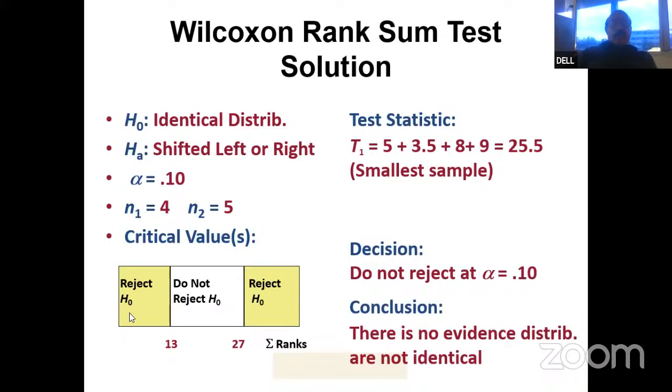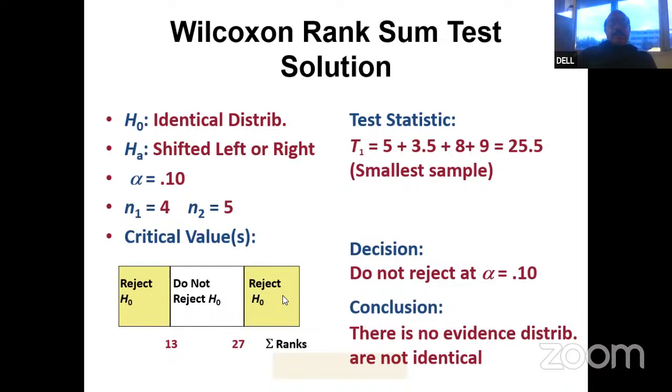So here, the table value is 13. If it is less than 13, reject. Between 13 and 27, do not reject H0.